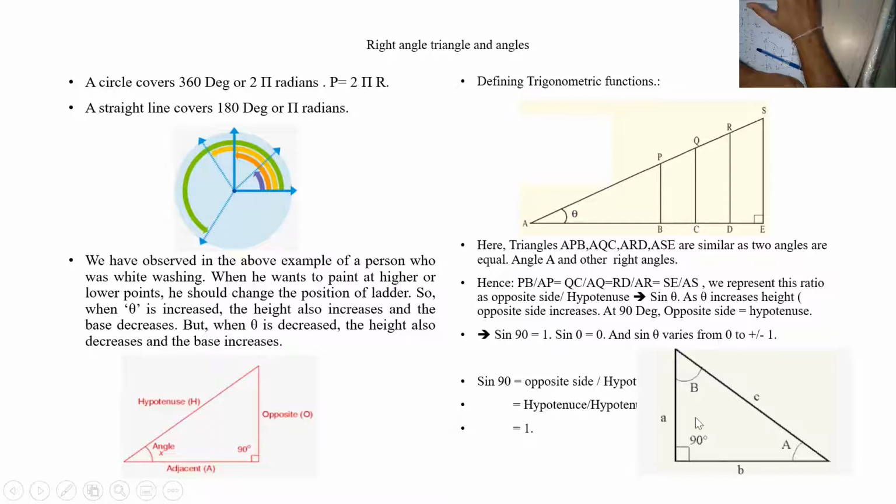Let us understand. Cos A is equal to B by C. Cos B is equal to A by C. So adjacent by hypotenuse, and sine is opposite by hypotenuse. All are covered: opposite, adjacent and hypotenuse are all covered in both angles, for sine theta and cos theta.